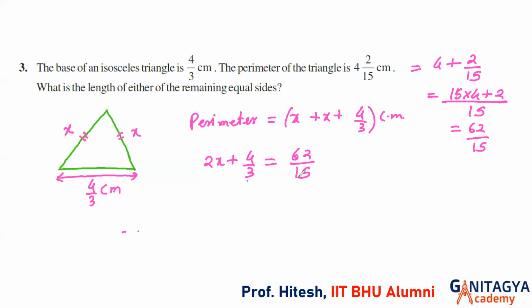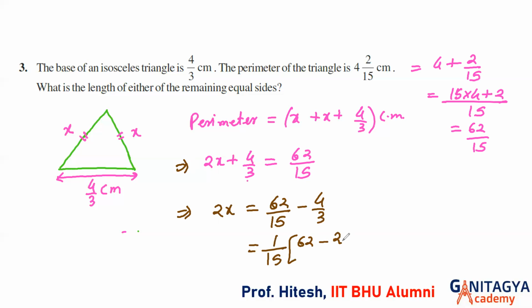Understood this equation? So now 2x will be 62 upon 15 minus 4 by 3. So I will take 15 common. So it will be 62 minus 4 into 5 upon 15. So this is 20. So 2x will be 42 divided by 15.